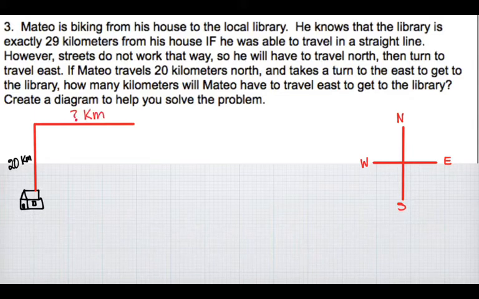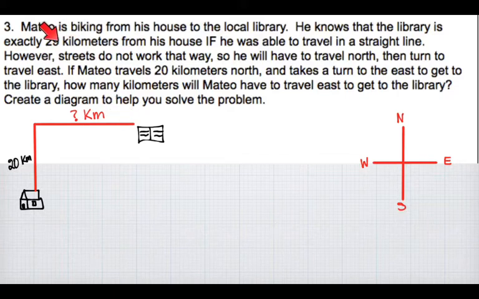So once he's done traveling, though, we know this. We know that at this point right here, this is where the library should be. So let's draw a little book here. And that'll represent the library.